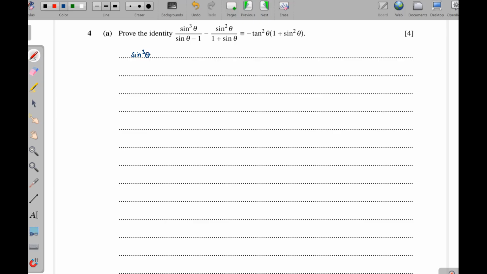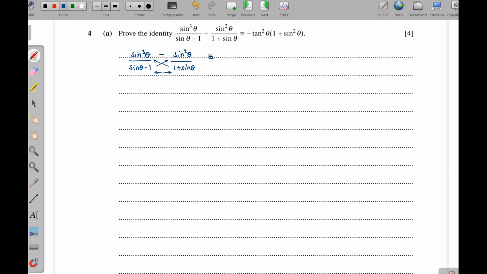So sine cubed theta, then minus sine squared theta over sine theta minus 1, then 1 plus sine of theta. Here, I'm going to get the common denominator. I'll multiply these two, then multiply this one here, and also that one there.